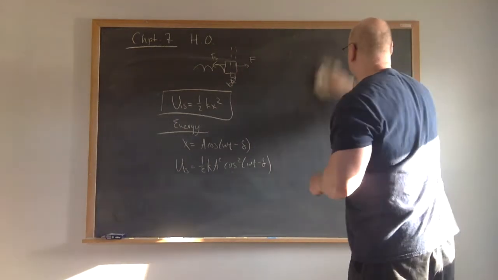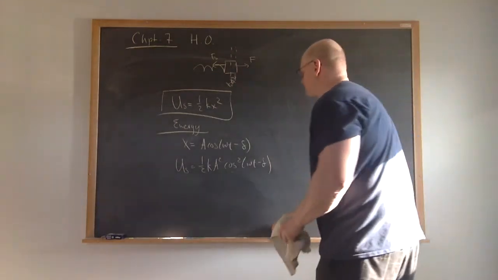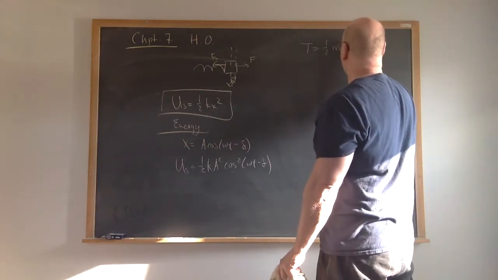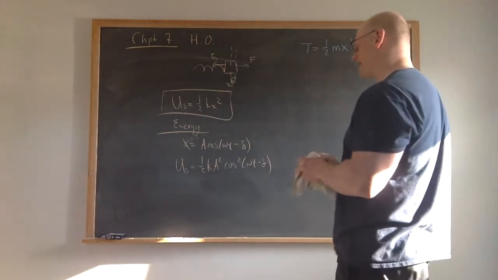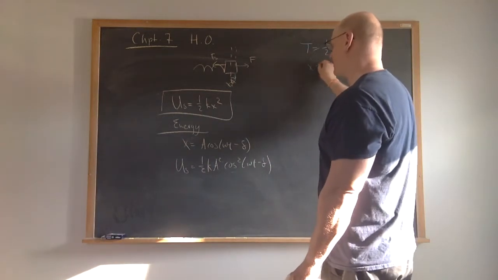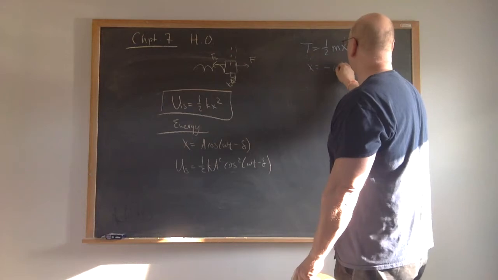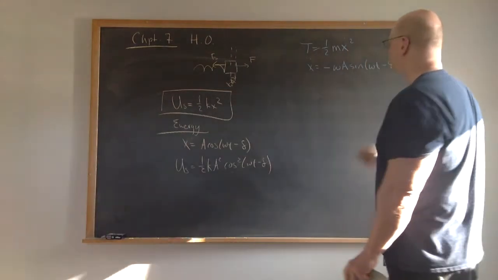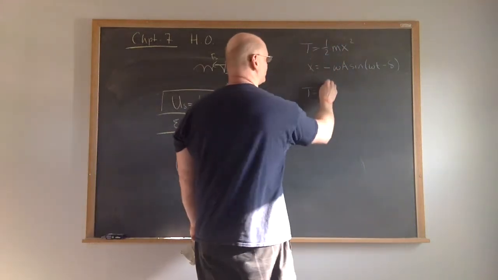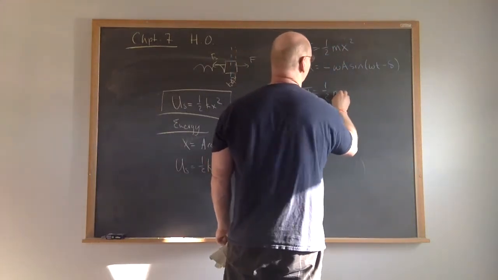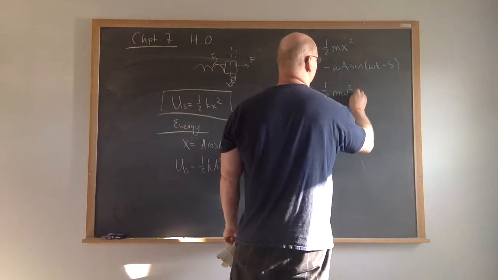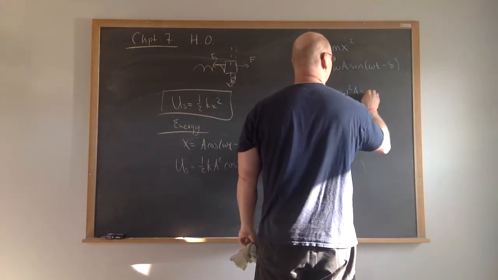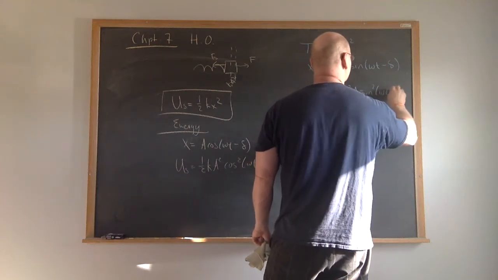So the kinetic energy in this case will be equal to 1/2 m times x dot squared. So first, x dot is equal to what? Negative omega a times sine of omega t minus delta, which means my kinetic energy is 1/2 m times omega squared times a squared times sine squared of omega t minus delta.